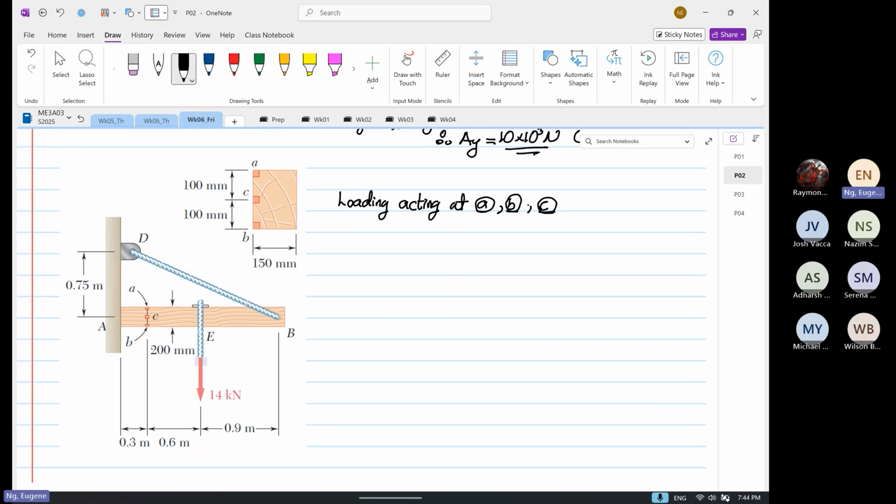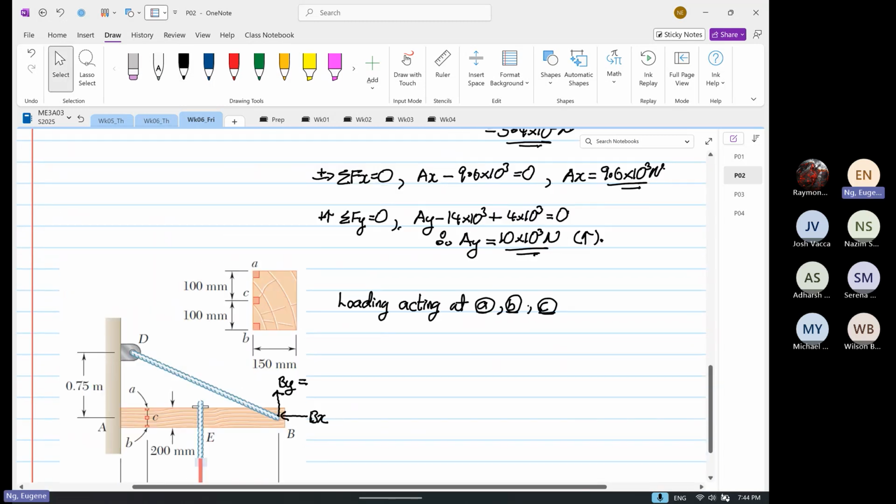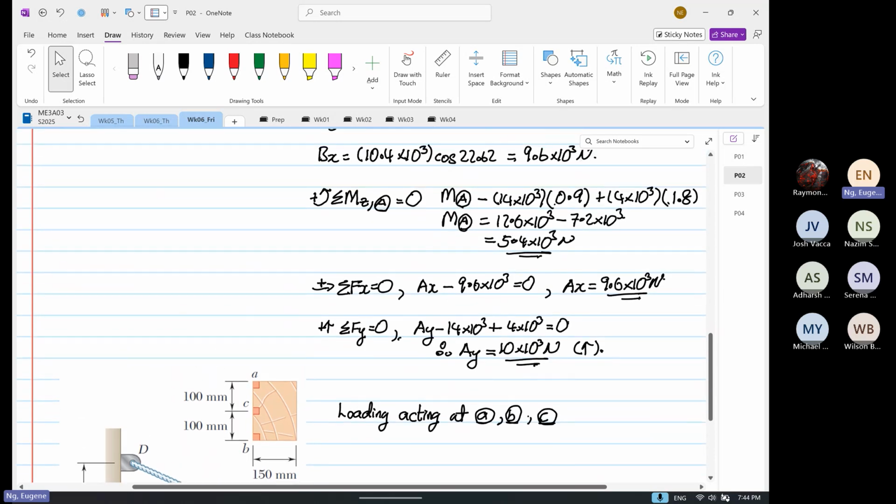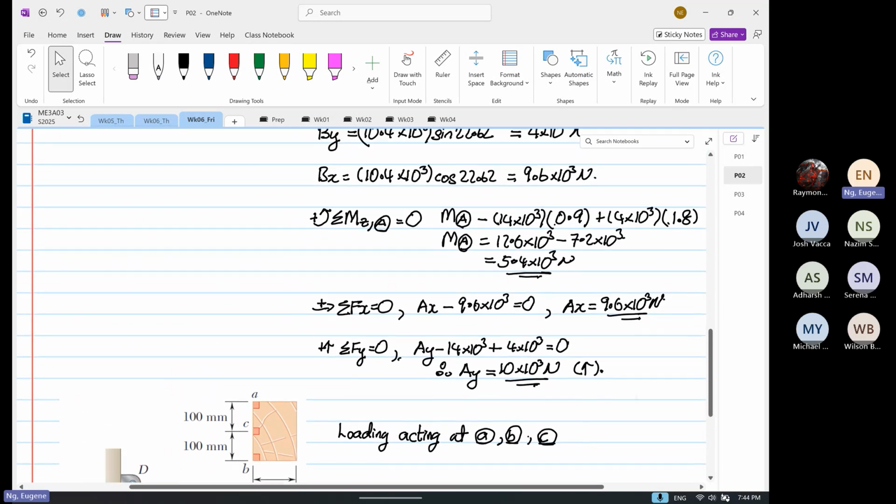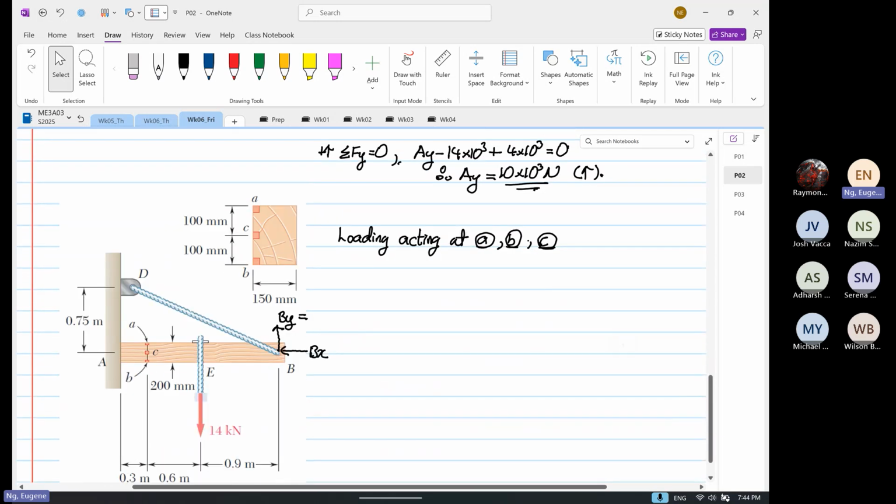Okay. Now, points A, B, and C, we know that we have a load down here that is our BY. So our BY, and we also know that we have a BX. And our BY is equal to, let me find where is our BY, 4 times 10 to the power 3.